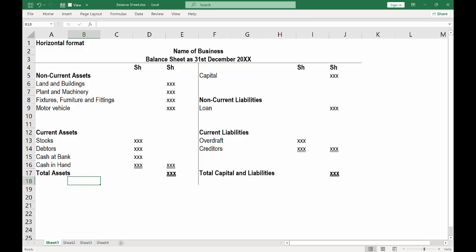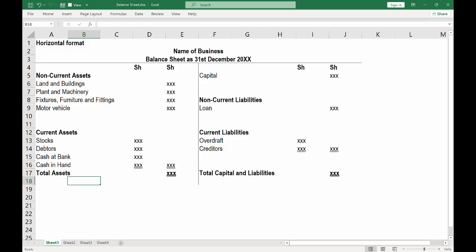I want to talk about the balance sheet, or the statement of financial position. So, I'll start with the format, then show you an illustration. For the horizontal format, we have the title. You can name it as shown: name of the business, balance sheet as at 1st December 20 and the year. Then on the left side, you have the assets, and on the right side, you have the capital and the liabilities.